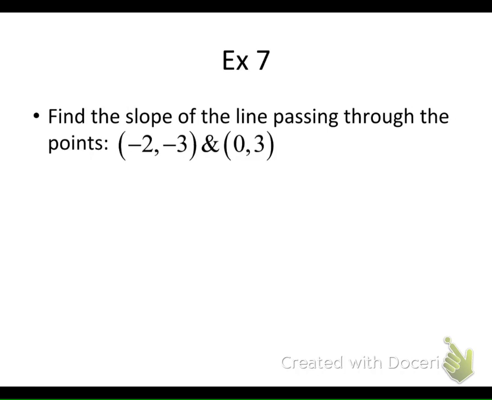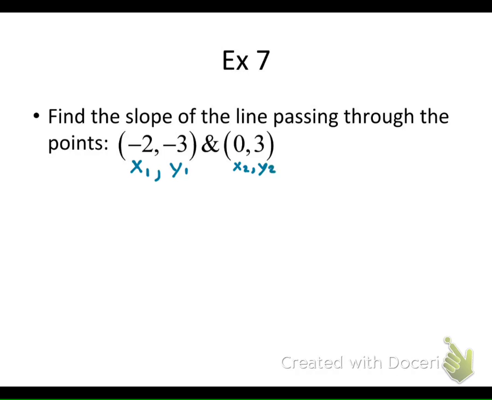Okay, so for example 7, so you have a visual in front of you, go ahead and write underneath these numbers like I'm doing. This is x1, this is y1, okay? If this is going to help you on your homework or on your quizzes, you don't have to write this in.